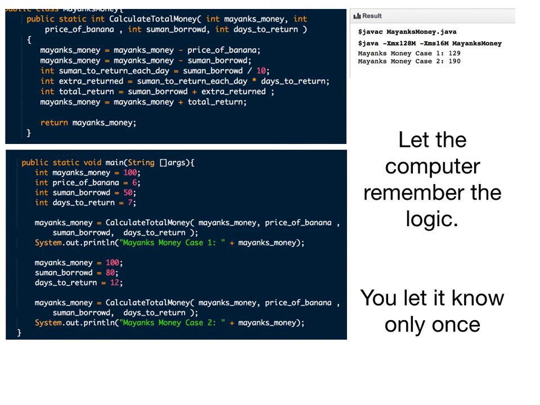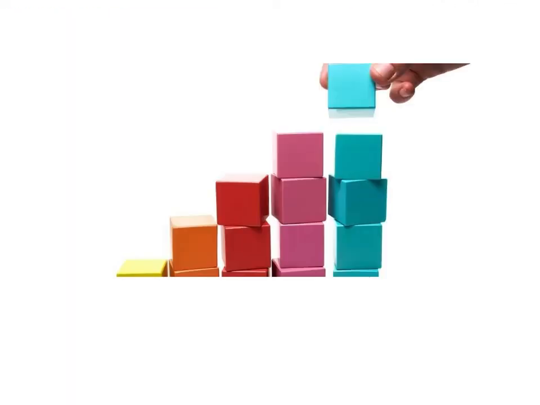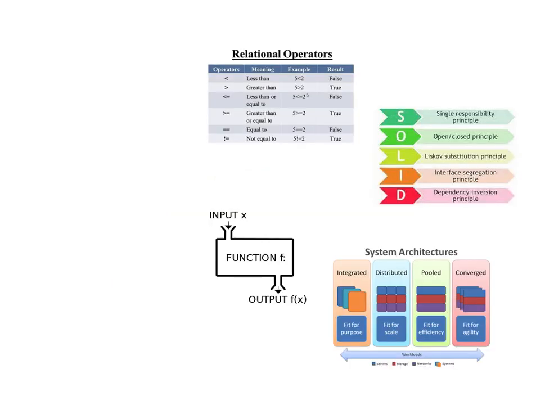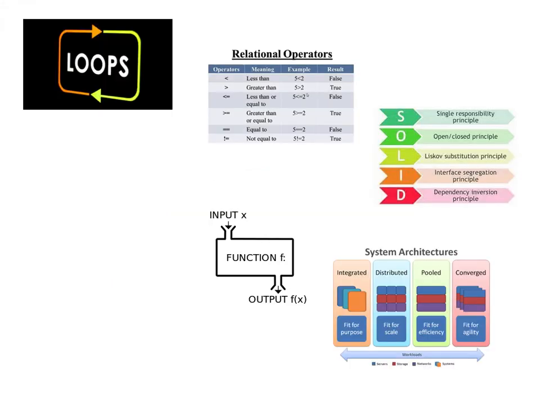So this is how we build interesting things. We build from smaller things, and as we keep adding layers and layers, we start building complex solutions. Going back to the new stuff, as we go ahead and create more complex solutions, we have relational operators, loops, modules, and of course the functions we just talked about.